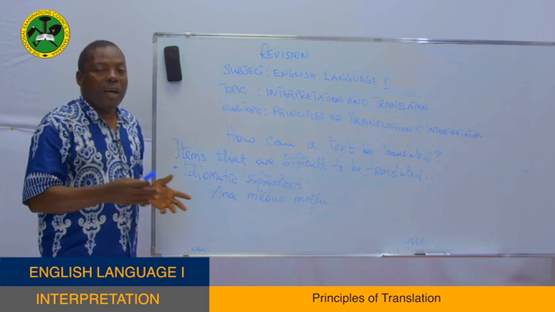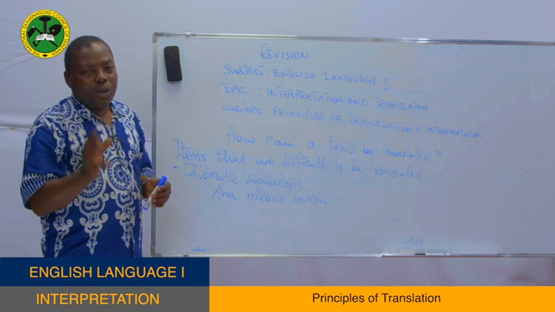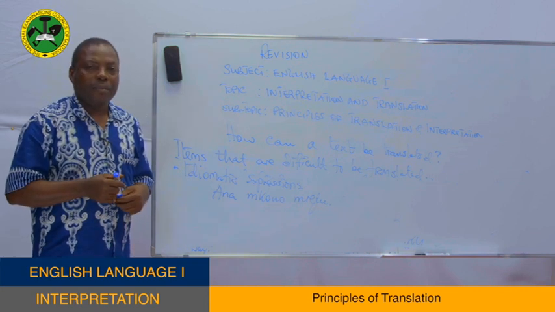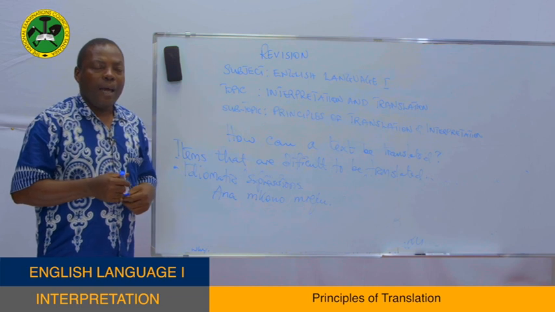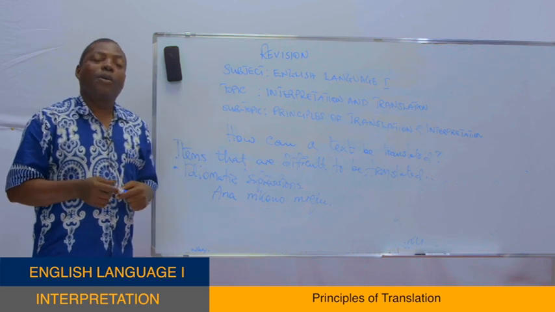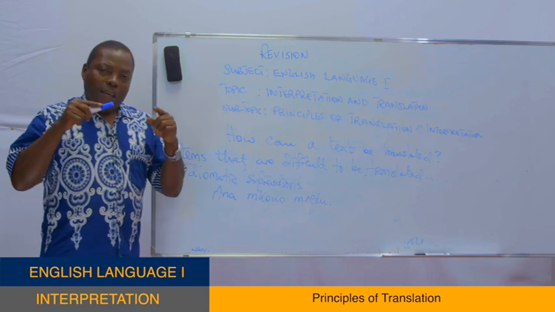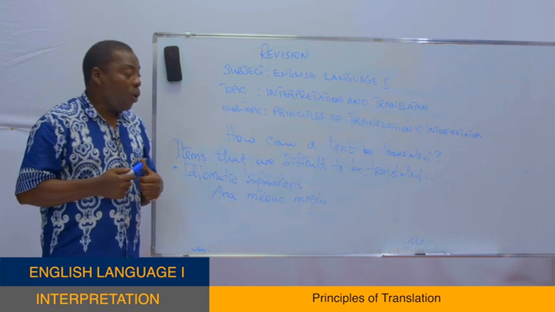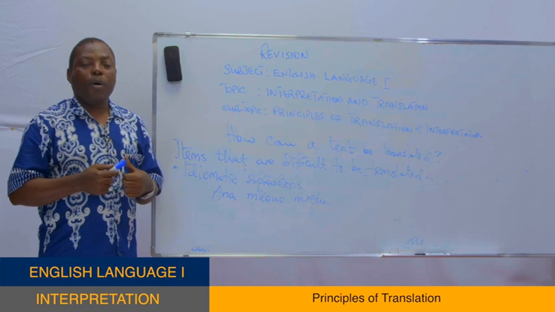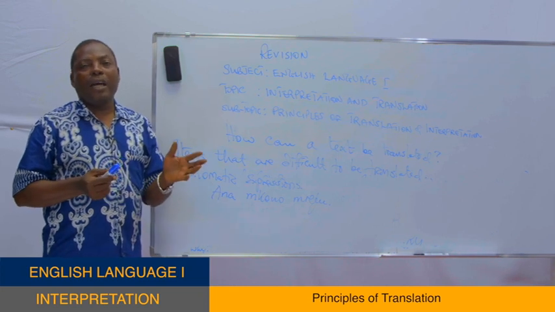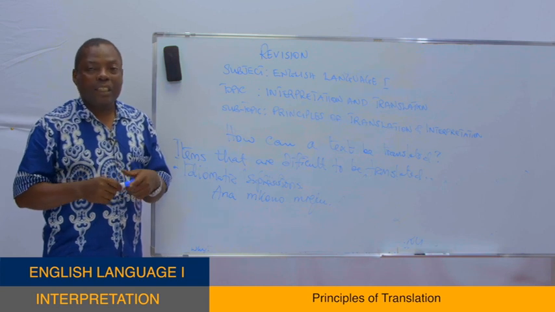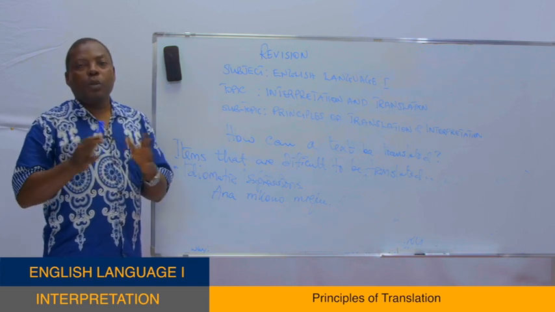And when you paraphrase it, that means it loses its beauty. And that's why at the beginning we said, for a person to be a good translator, he or she has to be competent in both source language and target language. In other words, you need also to understand the culture of the two languages.